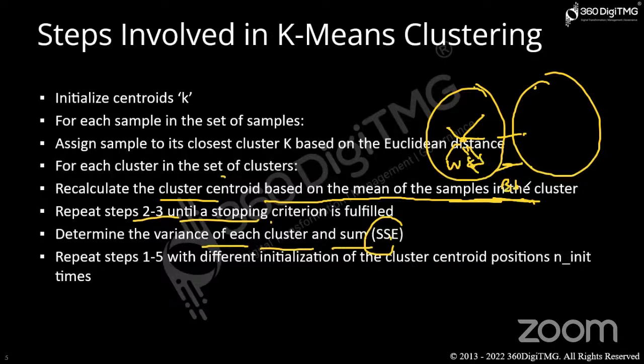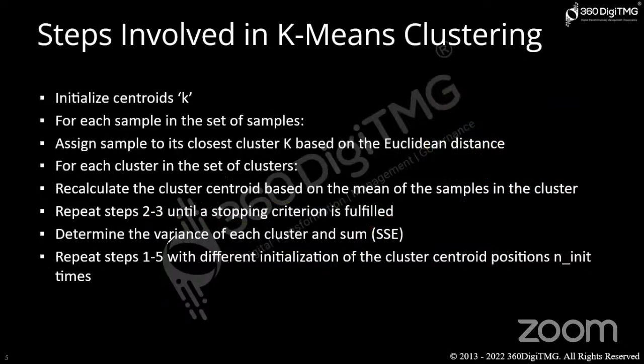In total we call it the sum of the square error, SSE. Wherever it has the highest value, we consider that the best cluster. Repeat steps 1 to 5 with different initialization of cluster centroid positions. We repeat the same until all the cluster centroids are the same.